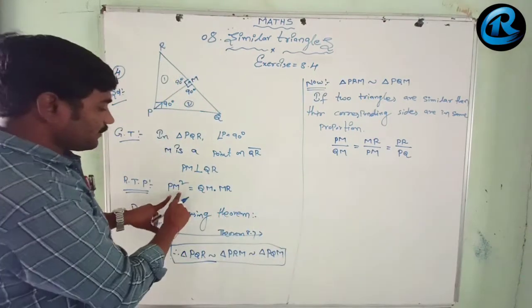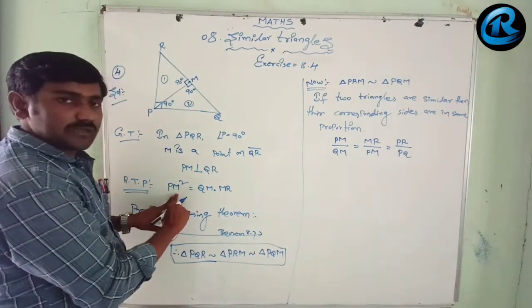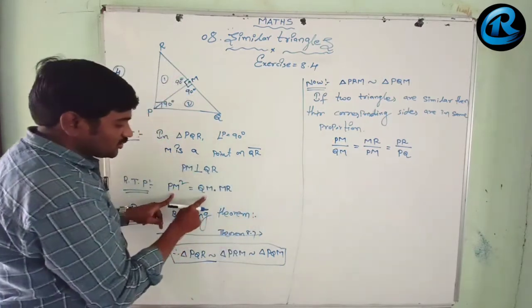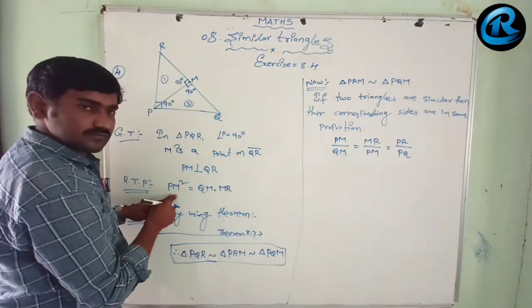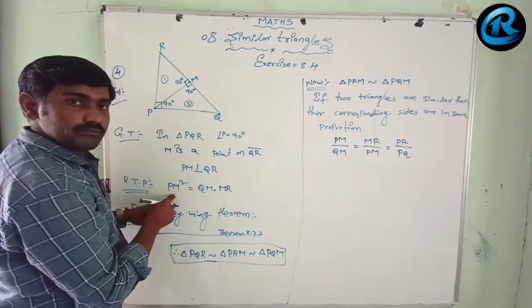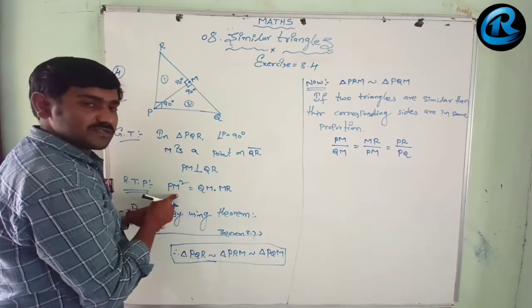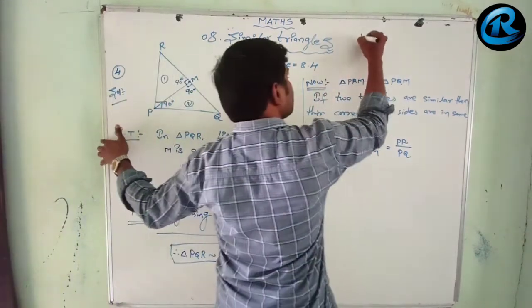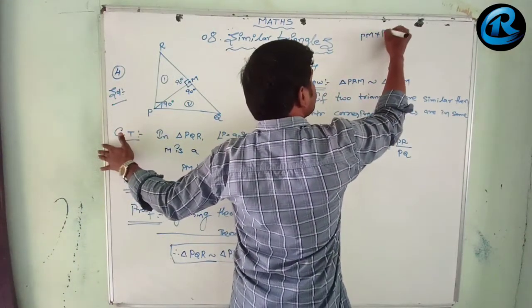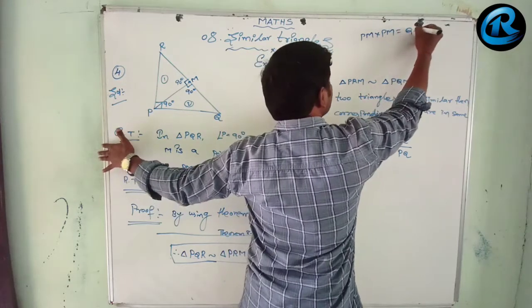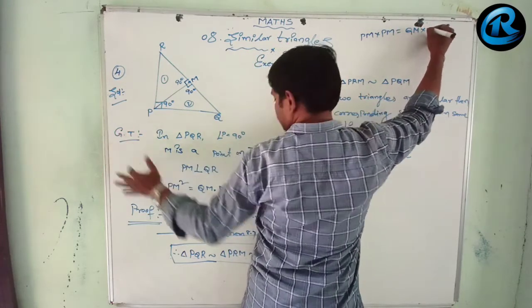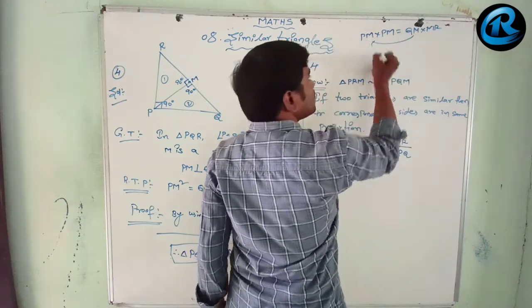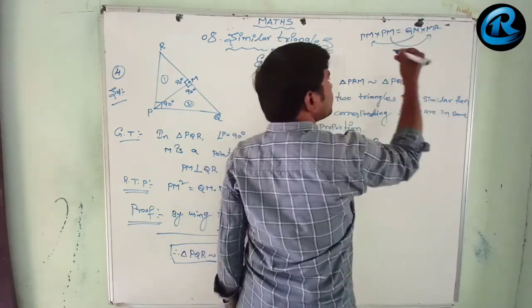I will tell you first PM square. PM square in the sense PM into PM. First we will write PM here. By this QM you will transfer this side. PM by QM. We will get QM you will transfer this side. See this I will write here. PM into PM, that is PM square, that equal to QM into MR. This QM you transfer this side, this PM you transfer this side.